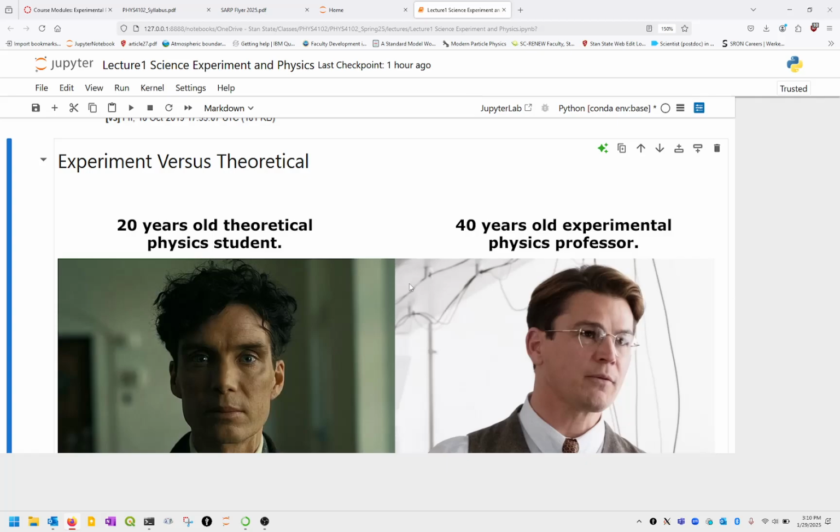How many of you have an extreme preference for experiment, an extreme preference for theory, or prefer a field that can do both? Let's do experiments first. Who has a strong preference for only doing experiments? Who has an extreme preference for only doing theoretical work?